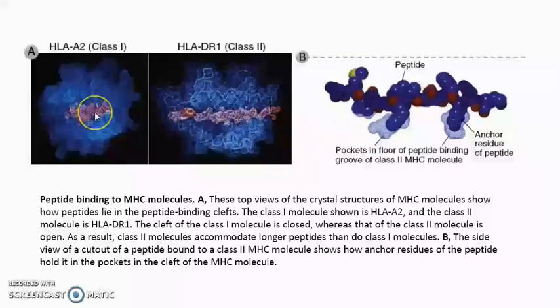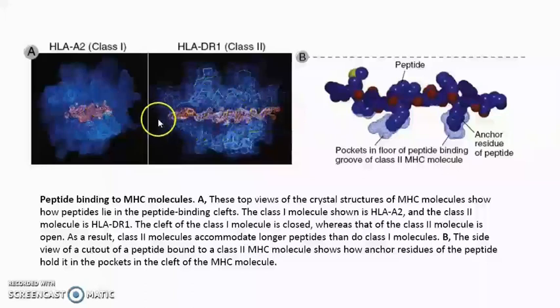Peptide binding to MHC molecules is shown in this diagram A. The class 1 molecule shown is HLA-A2 and the class 2 molecule is HLA-DR1. The cleft of the class 1 molecule is closed here, whereas that of the class 2 molecule is open.